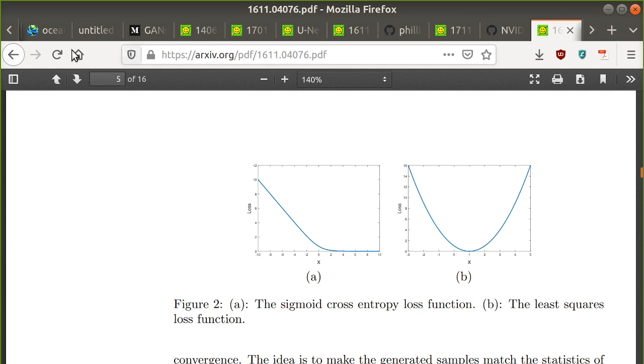So in the original Goodfellow log of D, what we find is the log is a function which slowly starts to saturate, or rather, the sigmoid starts to saturate because the architecture forces the number between 0 and 1.